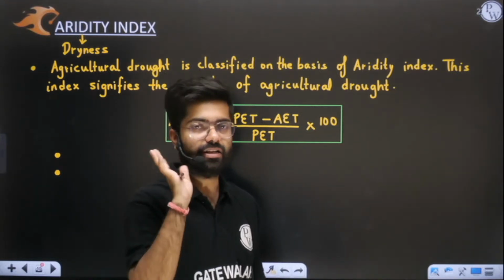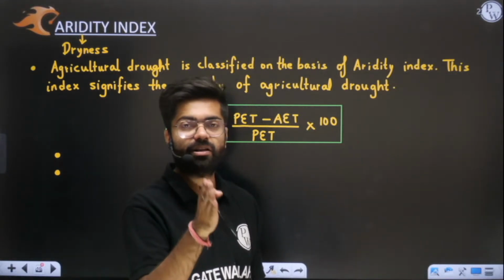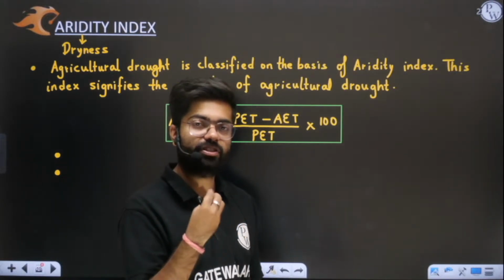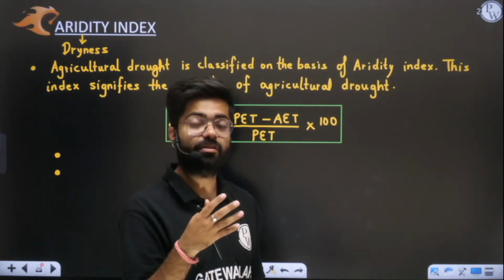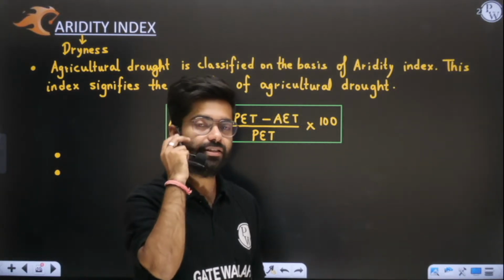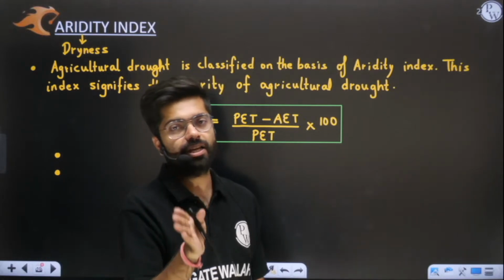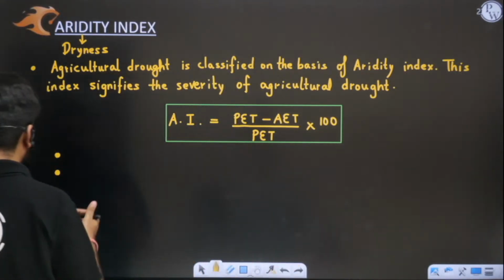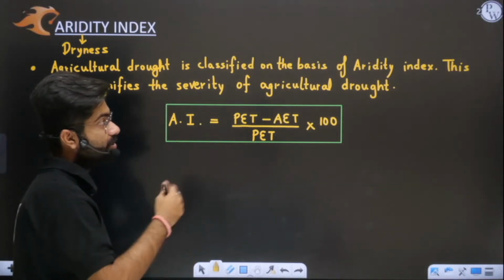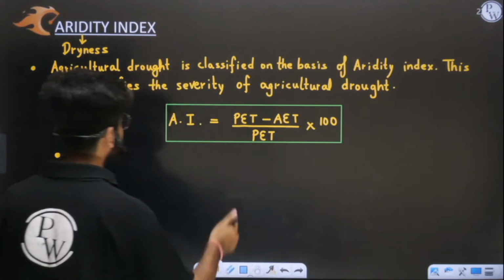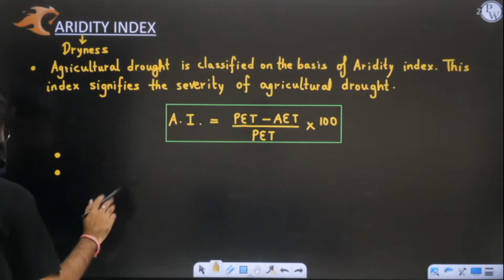Either your soil can be dry, or it has sufficient moisture so that crops are consuming maximum water. Either they can consume no water or they can consume maximum water. If I'm discussing these two boundary conditions, then obviously actual evapotranspiration can be zero.